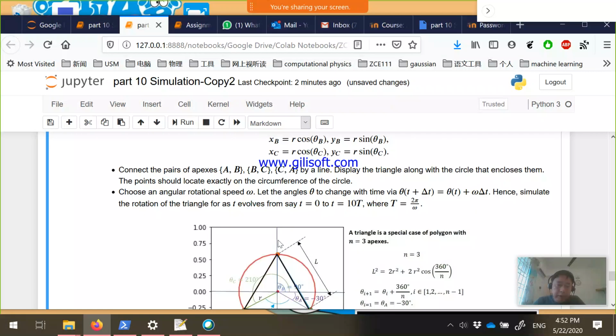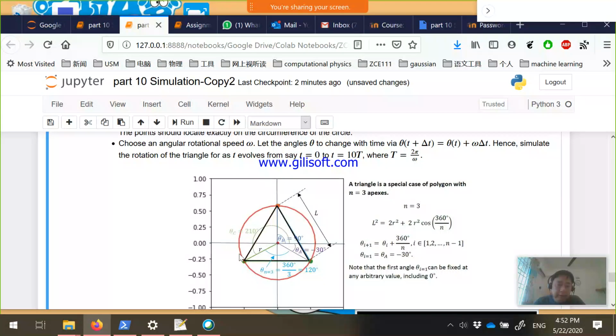You also have to know the angle. If this is an equilateral triangle, then the angle must be easily calculated. For example, this angle here is 360 divided by 3, because I have 3 points. Then you can relate the radius r and the length L using what I call the Cosine Theorem.